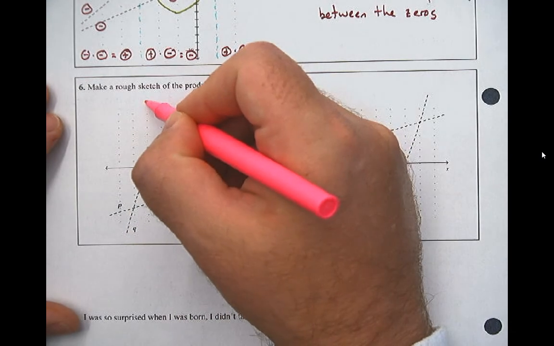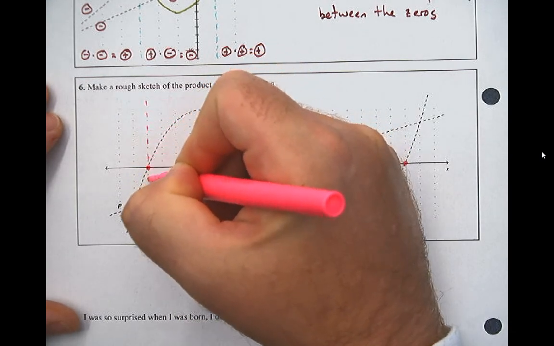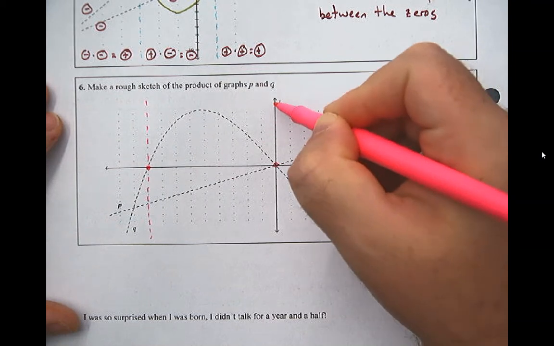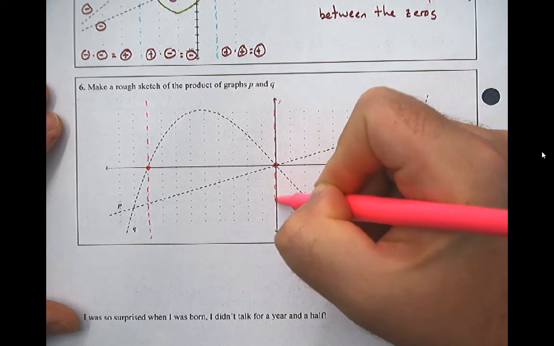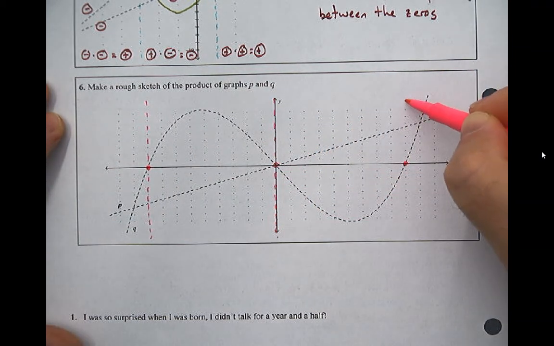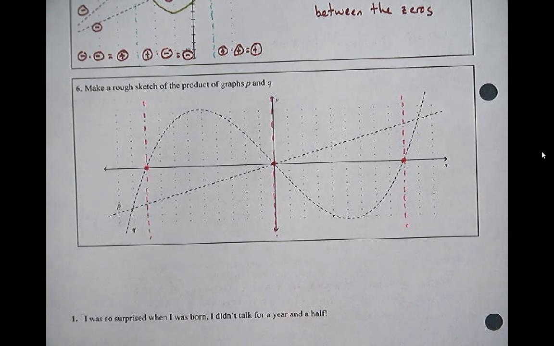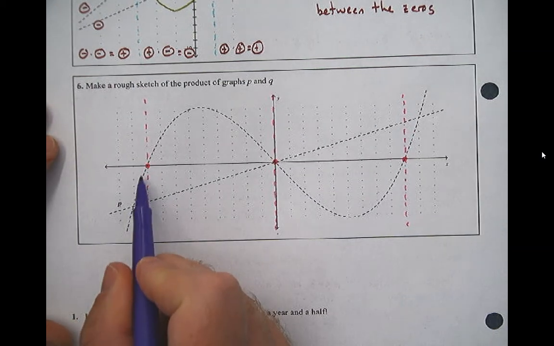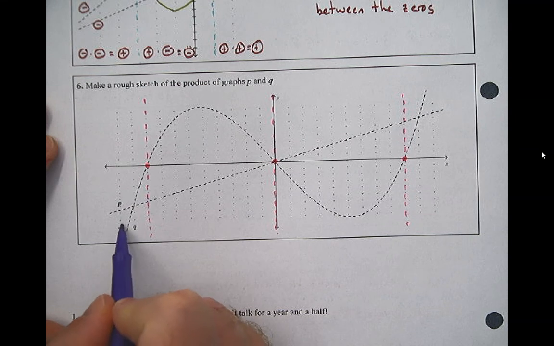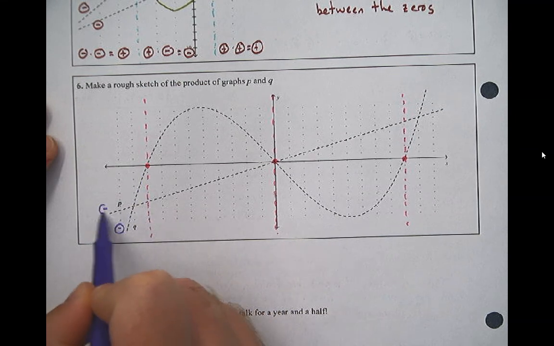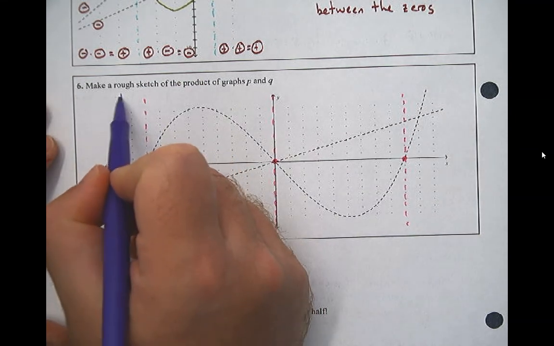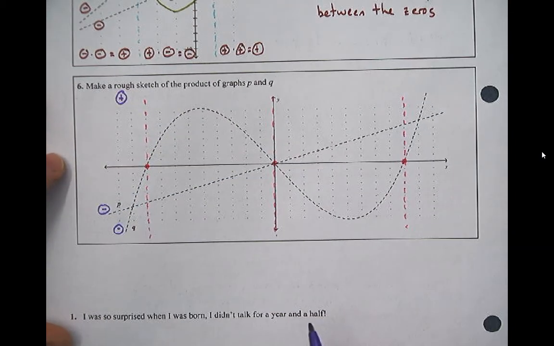Then I want to identify the sections. So I'm going to put a vertical line. You don't have to do this, but I like it because it helps me organize how many sections I'm going to have to break up. Now I want to analyze the function values. So I would go through and I would put a little indicator of what the y values are. In this section, these y values are negative, these y values are negative, so these overall y values are going to be positive.